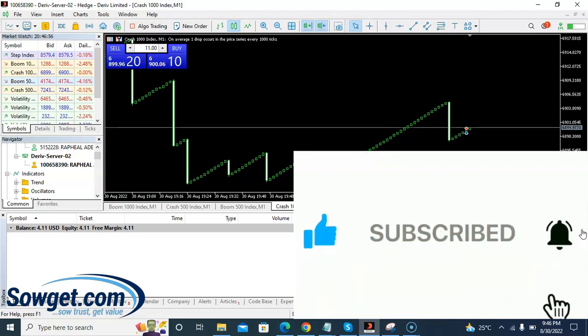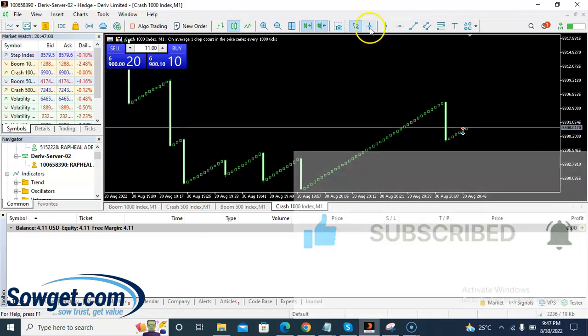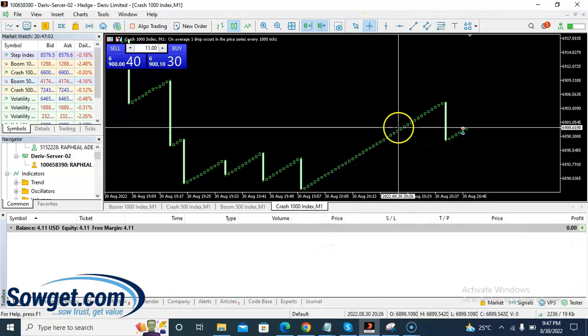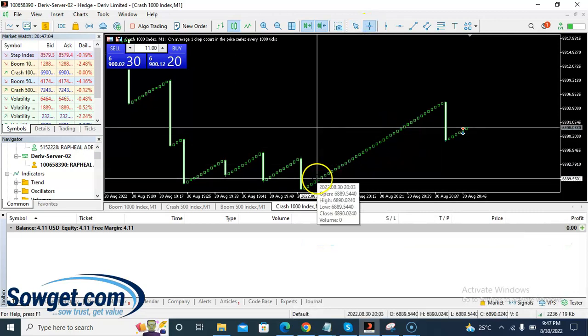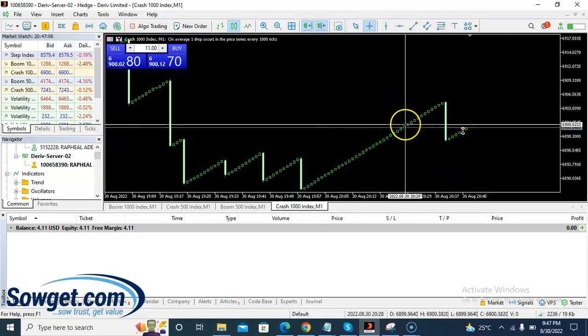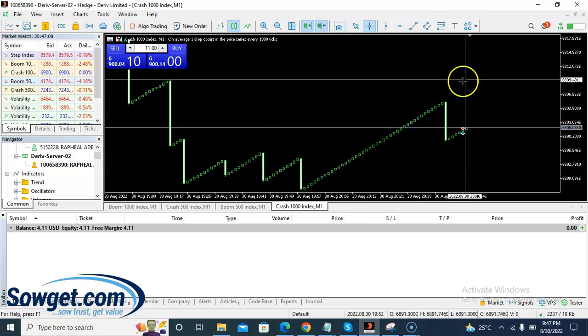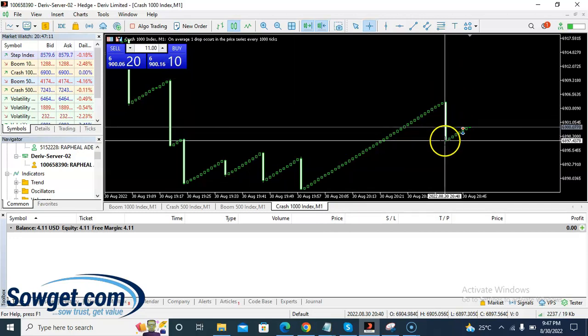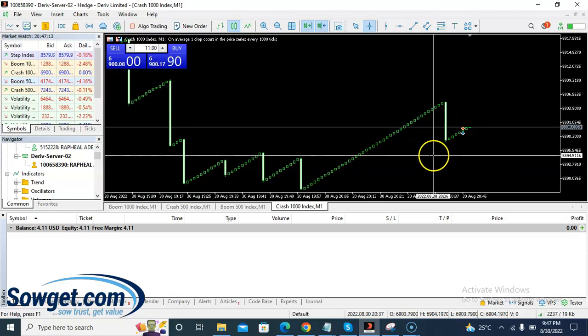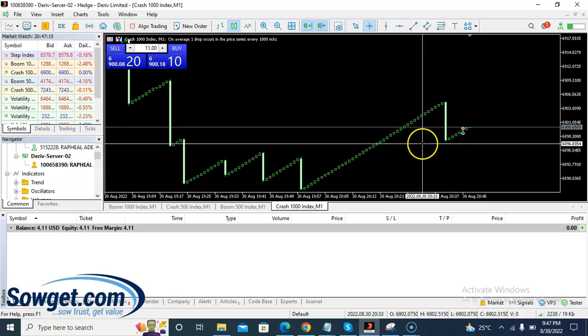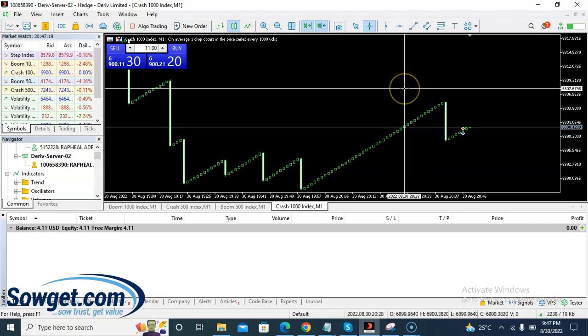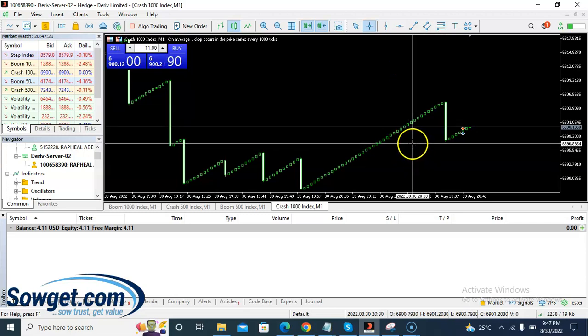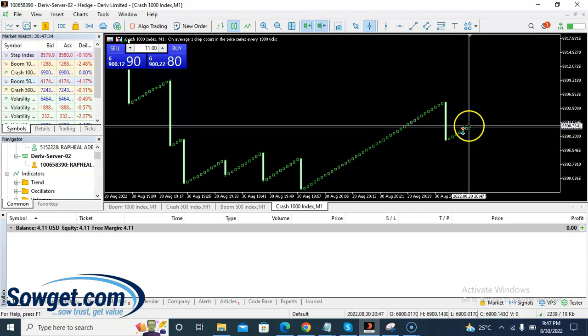So if you have opened a trade on, let's say, this Crash 1000 index, and you open a buy trade, now you can see the Crash 1000 is always in a buy trend. Then after some certain interval, it will make a downward spike. So let's say you open a buy trade here and you set your stop loss just below this sell candle here, okay, and you set your take profit, of course. So now let's say the market just spikes down immediately.